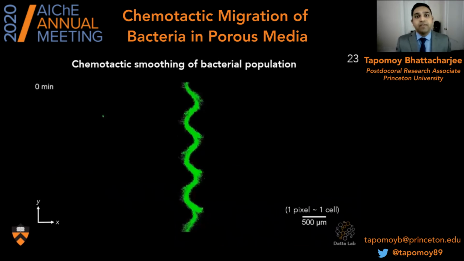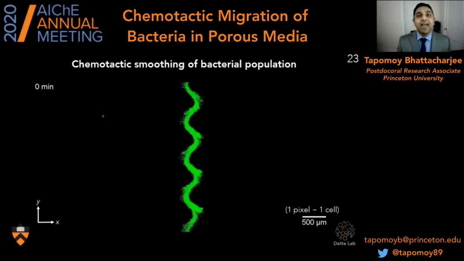So far, what I have told you today is either about a uniform distribution of bacteria, where we study their diffusivity, or a homogeneous population of bacteria, where we study their chemotactic parameters. But what if your bacterial population has different shapes? To answer that question, we create this sinusoidal population of bacteria, which is embedded inside porous medium, and we watch this over time.